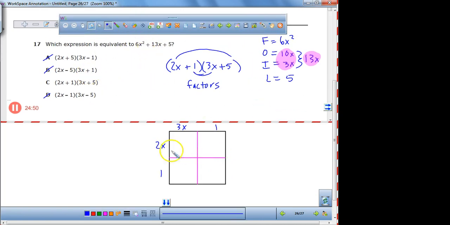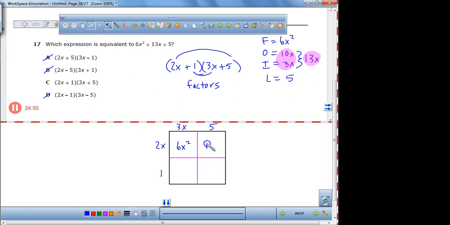So here's another way of doing it. 2x times 3x is 6x squared. 2x times 1 is... oh wait, I messed up here. Hold on, it's supposed to be 5, not a 1. My apologies. There we go.